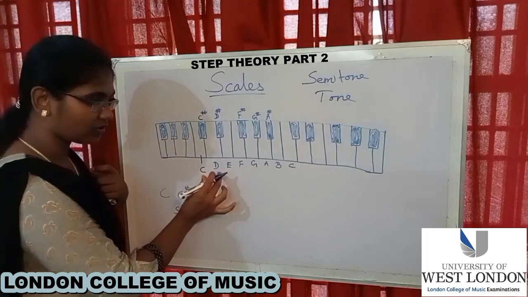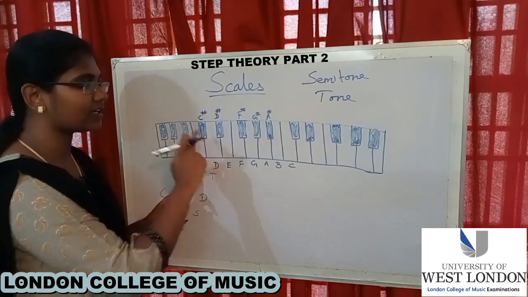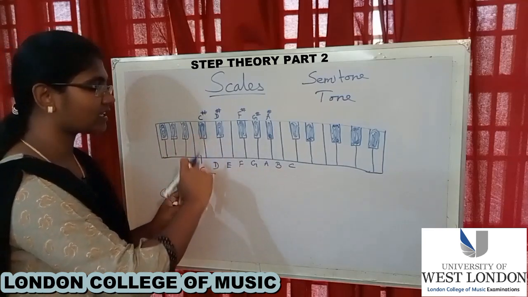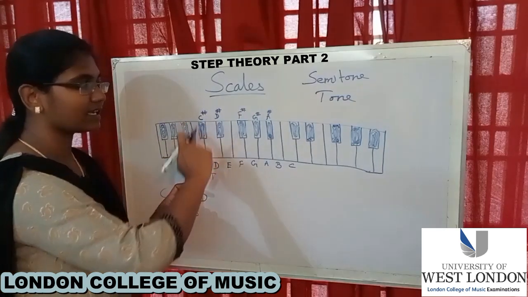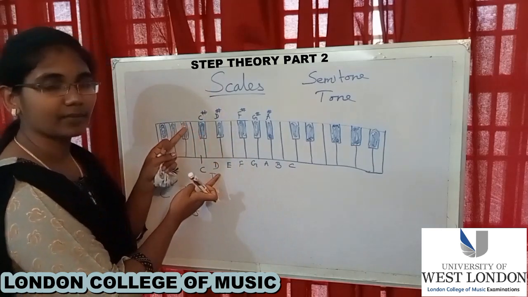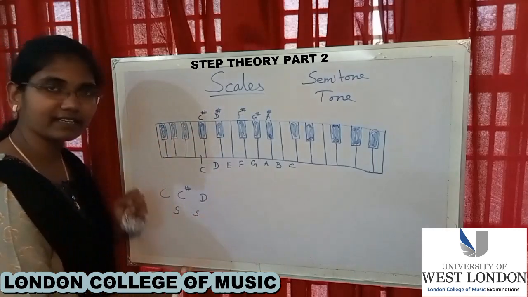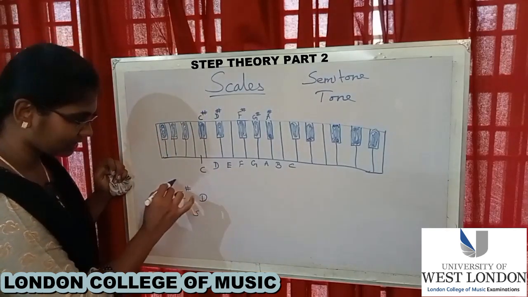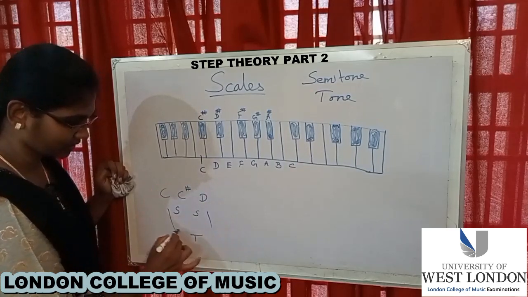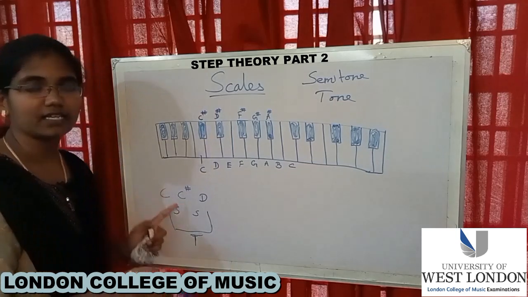If you take two notes, if there is a note in between, the first note and the immediate next note are in semitone gap, and the C sharp and D is in semitone. So the C and D is in tone gap. Have you all clear? From the C and D, that is in tone gap. Okay, tone gap. These two are in tone gap because in between that there is one note.